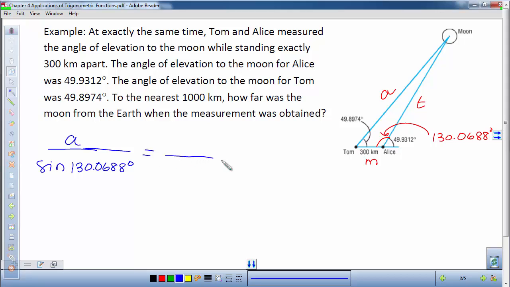What were we going to put on the top over here? We don't know T. We've got this side, 300 kilometers, so we need to know this other angle. So it's going to be 300 over the sine of the moon angle. Very good.